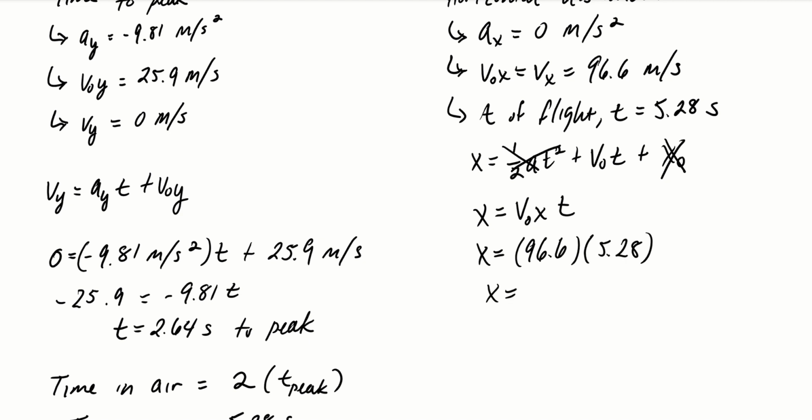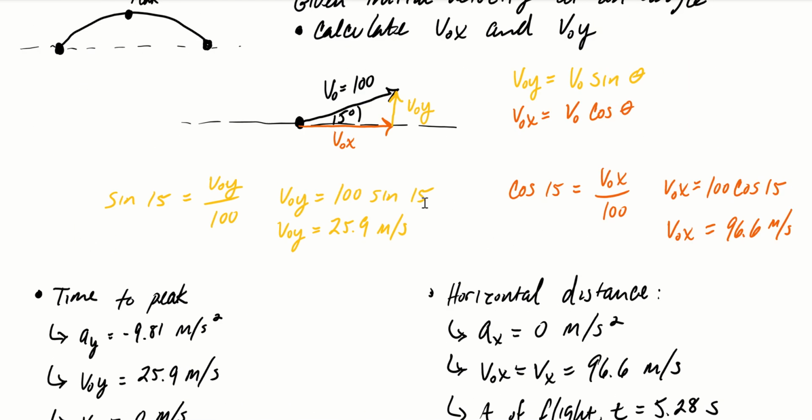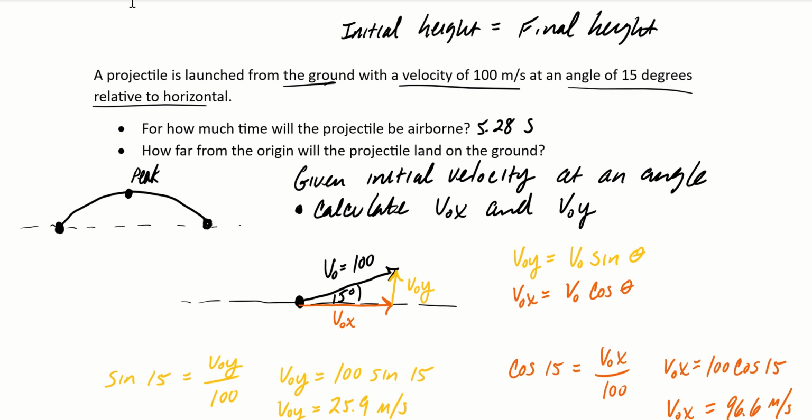So where it lands is 510 meters from the origin. So how far from the origin will the projectile land on the ground? 510 meters. So that's it.